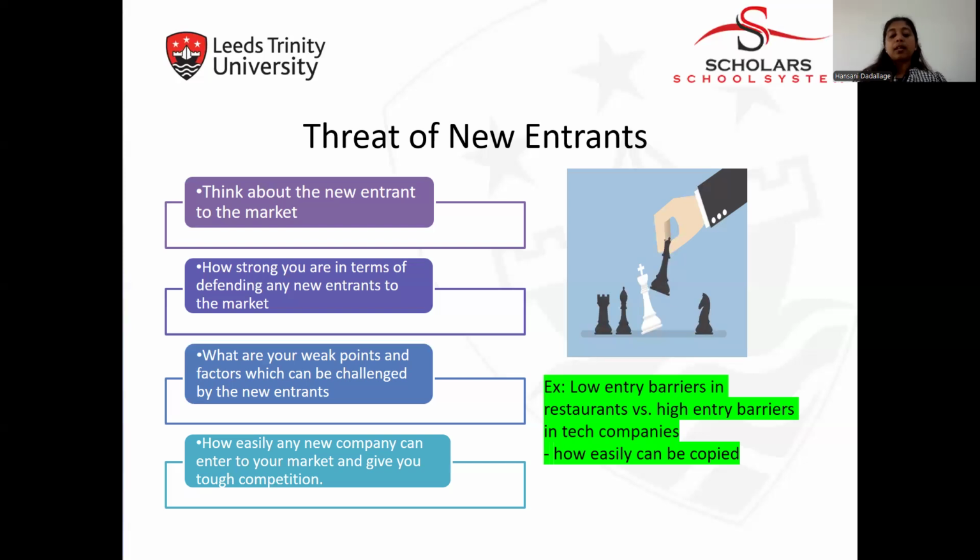And also the convenience of copying the market or business is another factor affecting this threat. If the product or the process can be easily copied, new entrants will enter the market. But if it is difficult to be copied, there will be fewer new entrants. So that is the second force, which is threat of new entrants.